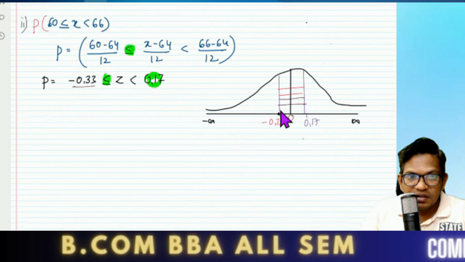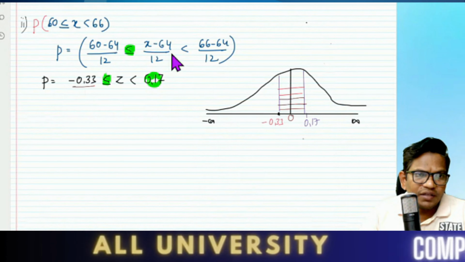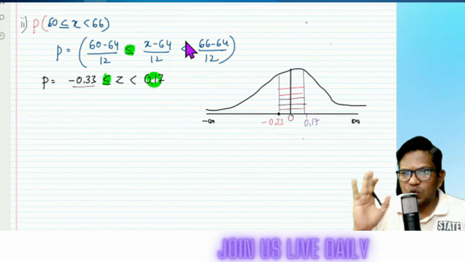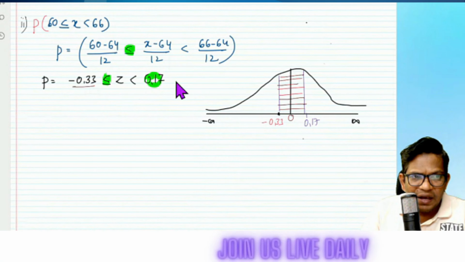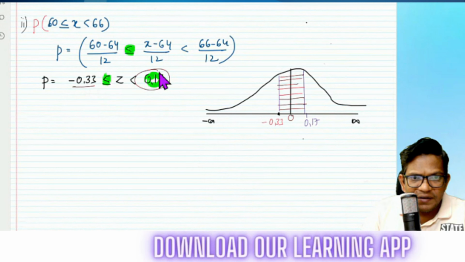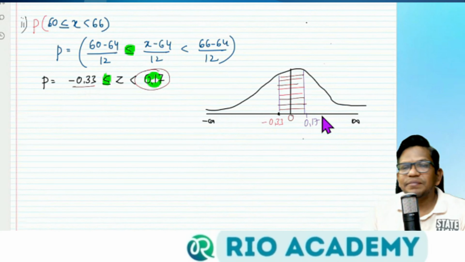Z is the center point, always 0. And this minus 0.33, we can mark anywhere on the left side, but make it nearest to the 0, because here I'm not able to get the exact sketch. And you mention here 0.33, and here we have 0.17.